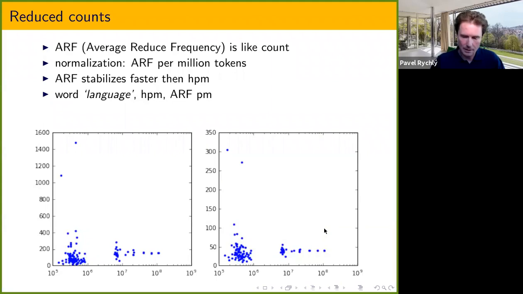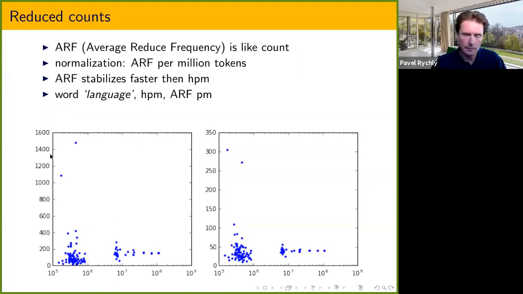It is not scalable, and to get a scalable variation we have to do the normalization. So here I use ARF per million tokens, which is similar to hits per million.